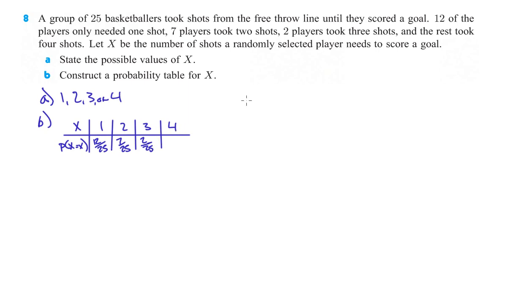So we've got 12 plus 7 plus 2 is what? 12, 19, that's 21. So the other 4 out of the 25 took 4 shots. Okay, so again, you can leave it like that, or you can give it as a decimal, but this is just fine.